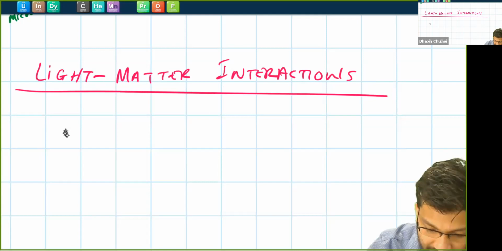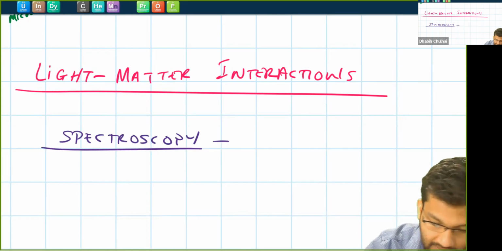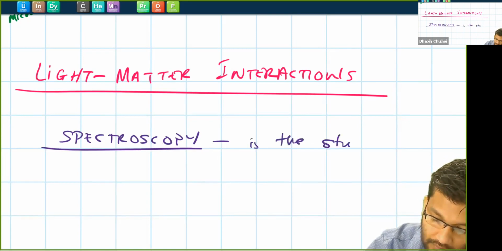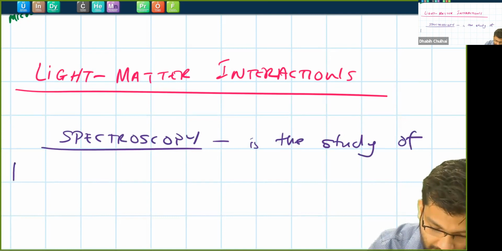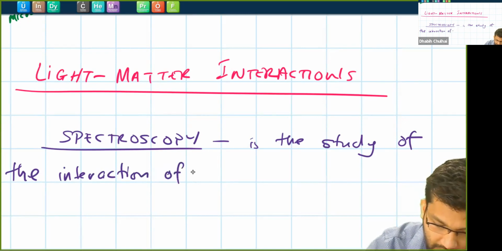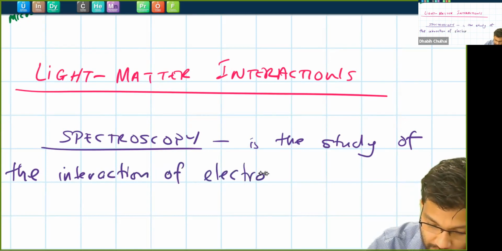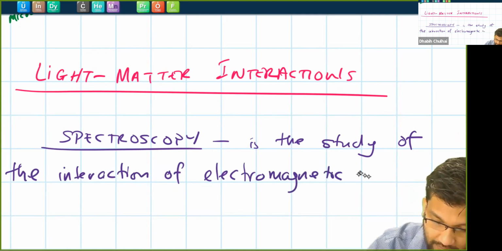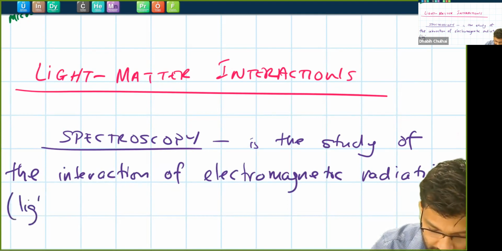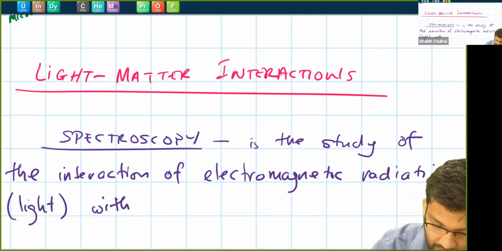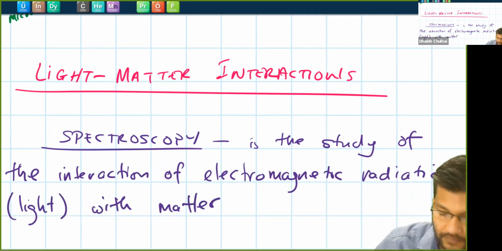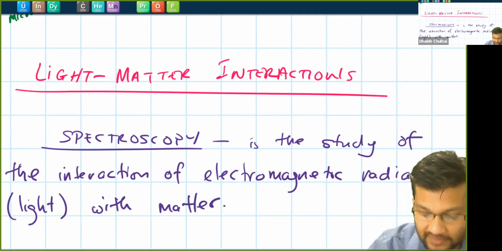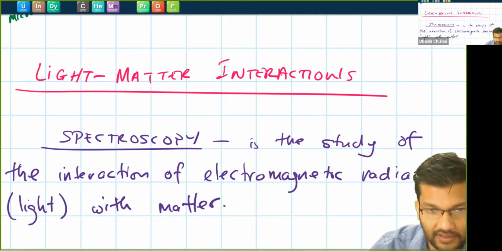And if you haven't guessed by now, spectroscopy, right, is the study of the interaction of light or electromagnetic radiation or light with matter. So to understand spectroscopy, we need to understand light and we need to understand matter and how they could interact.